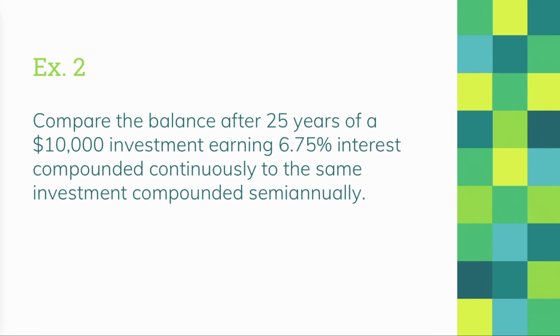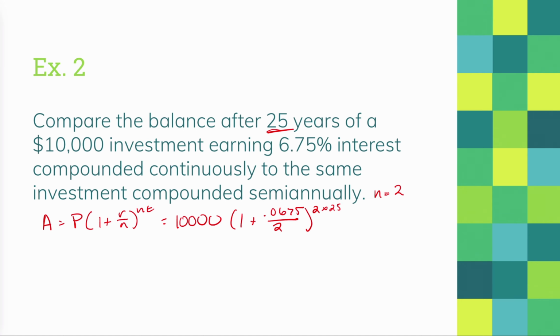So compare the balance after 25 years of a $10,000 investment earning 6.75% interest compounded continuously to the same investment compounded semi-annually. So let's do the semi-annual one first, right? This is P times 1 plus r over n to the nt. And so our principal is $10,000. Our interest rate is 0.0675. Compounded semi-annually means that our n is equal to 2, and we are doing it for 25 years.